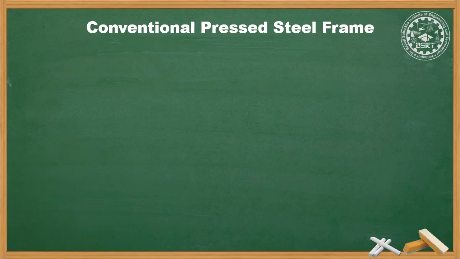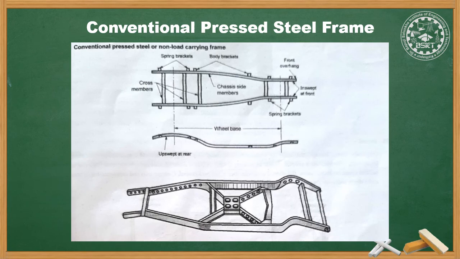The below figure shows the non-load carrying frame or conventional pressed steel frame. Here all the mechanical components are attached to it and the body is superimposed on it, that is, the body is welded or riveted on it. This type of frame is used in commercial vehicles and preferably in large expensive private and open cars.